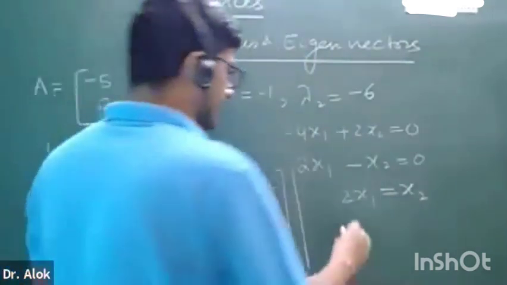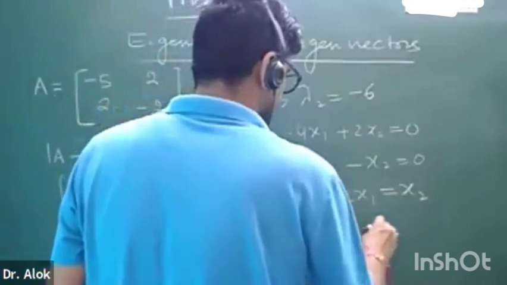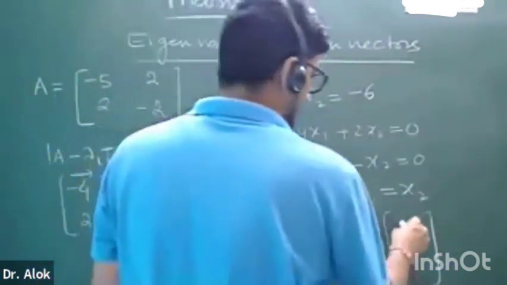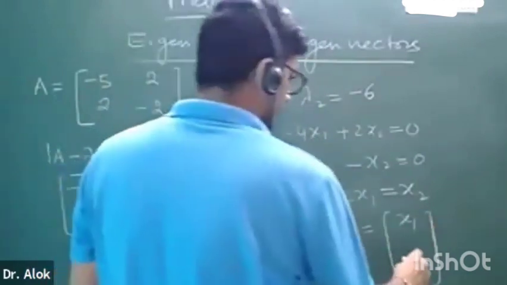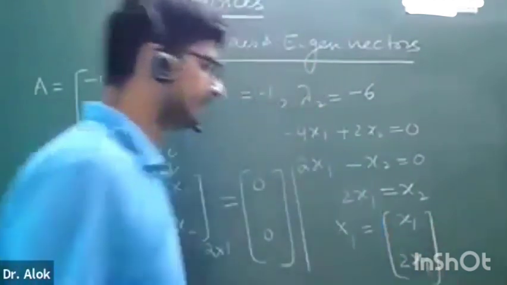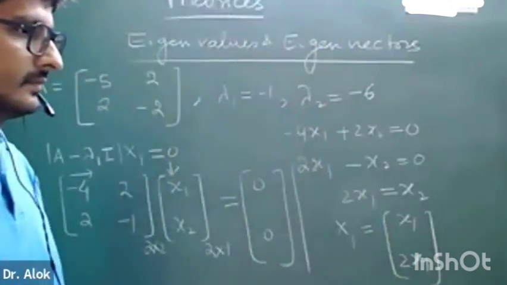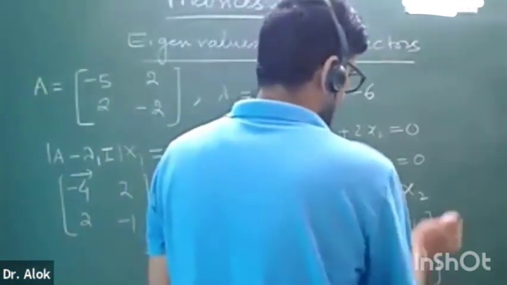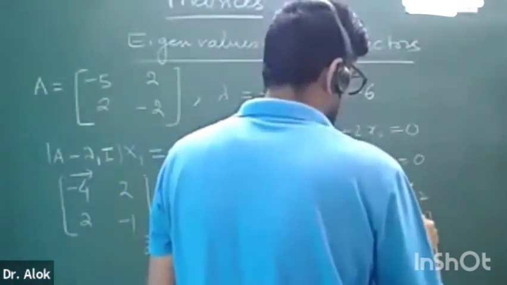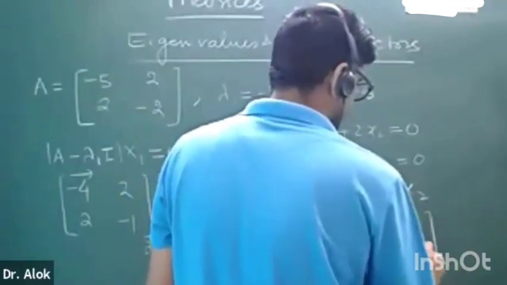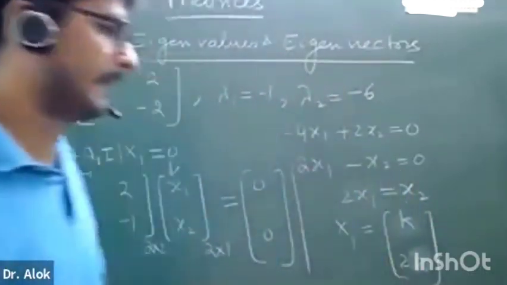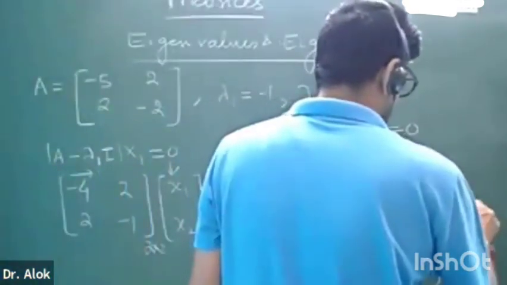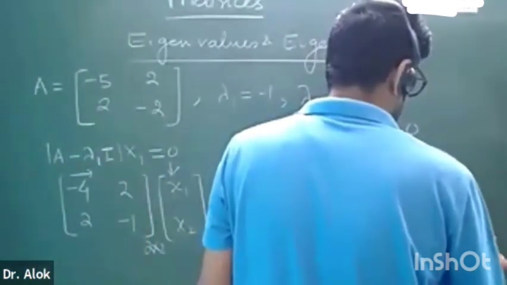So how will this x1 vector look? Here write x1, and the value of x2 will be 2x1, correct? Now if I assign x1 as some value, suppose k, it will become 2k. If I put k equal to 1, the vector will be 1 and 2.